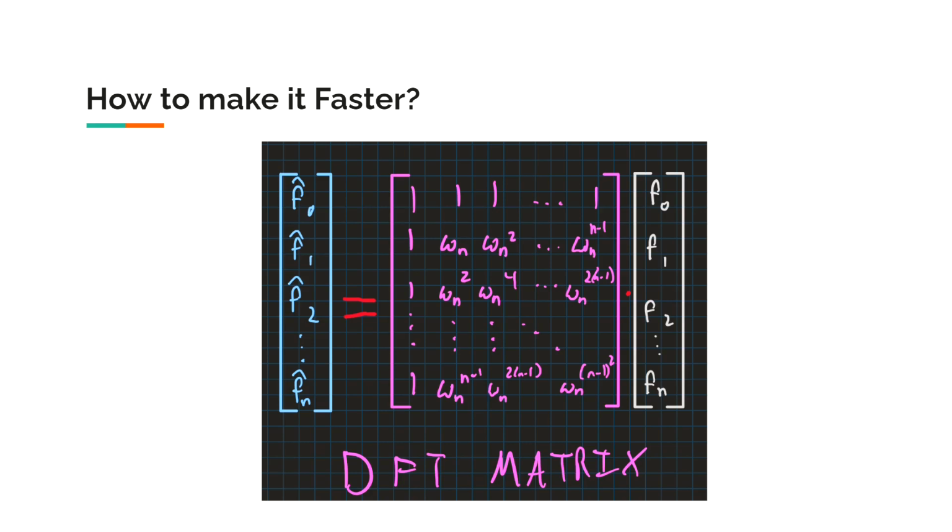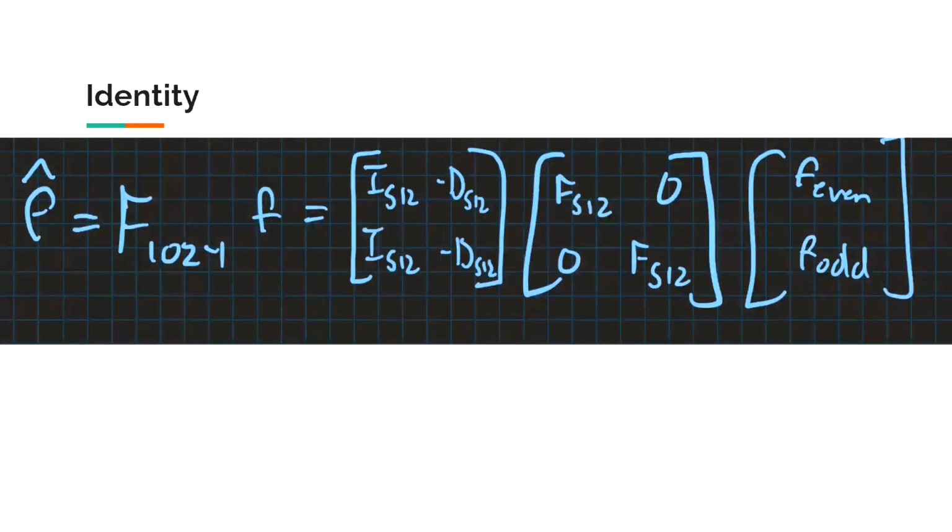So what we're wondering here is, is there any way to make this calculation faster? And there is, luckily. This identity here says the complex coefficients equal the matrix described before, F1024, times the sampling points, which equals two identity matrices stacked on top of each other with a negative diagonal matrix filling up the other column, multiplied by two matrices, F512 and F512, which are the same matrix as before, only smaller, which are also multiplied by a 2 by 1 matrix with the f even components and the f odd components.